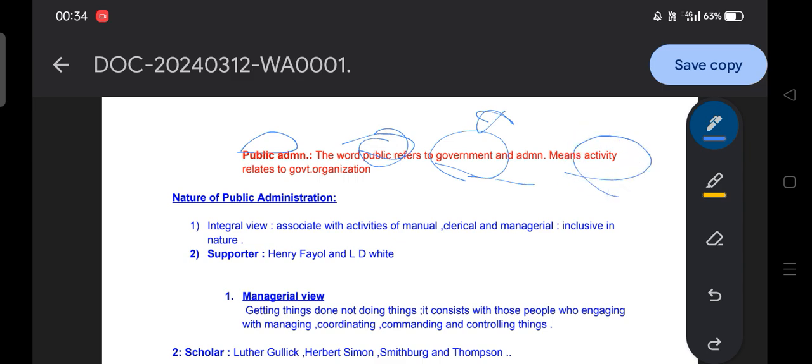And administration means activity related to an organization, as I already told you, an activity in a society. So public administration is the activity related to government organizations. We have completed the discussion of the scholars and their definitions of public administration. Hope you will be able to answer if you understand it.